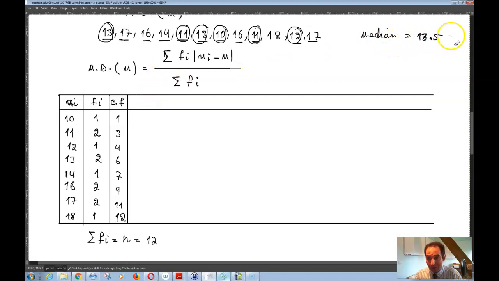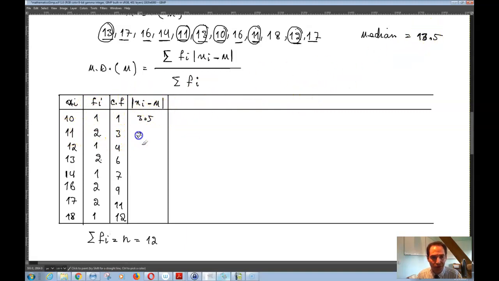So now that I know the value of my median, I can calculate, for example, the absolute value of x of i minus m. So x of i minus m is equal to, for example, 10 minus 13.5, that's negative 3.5, in the absolute value 3.5.